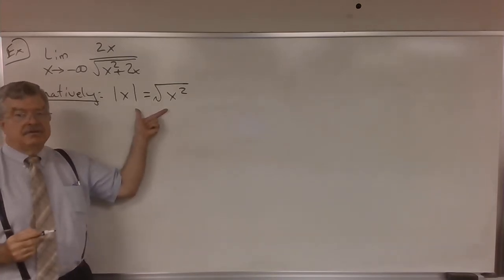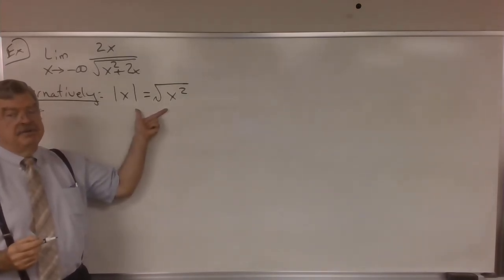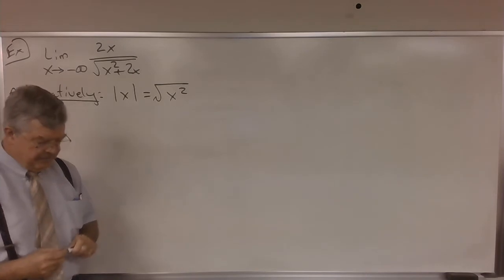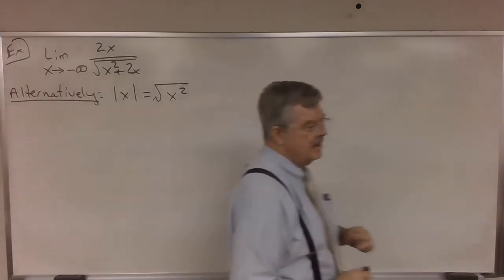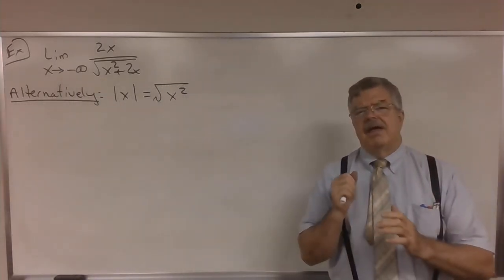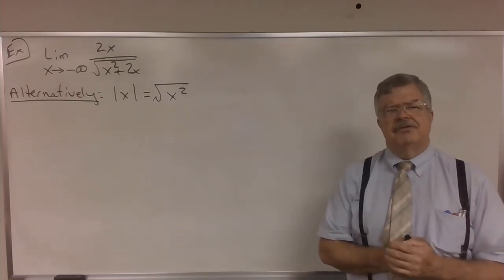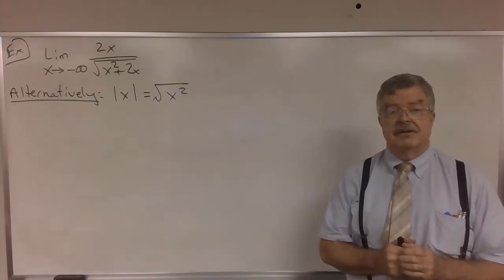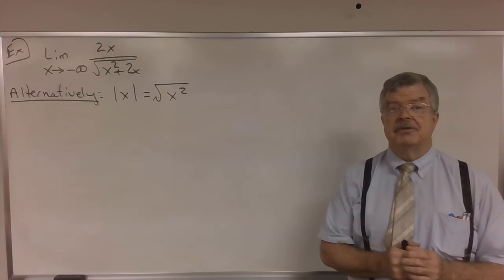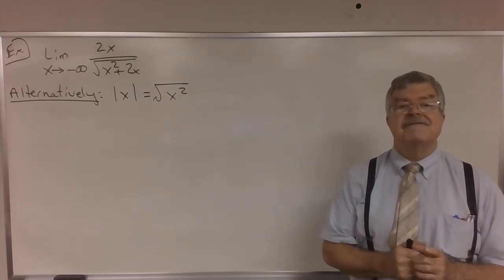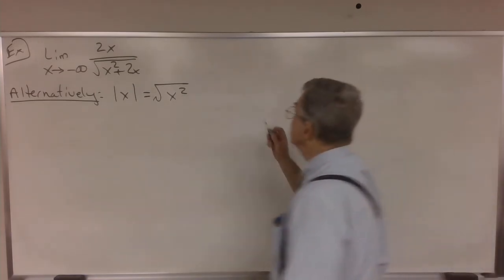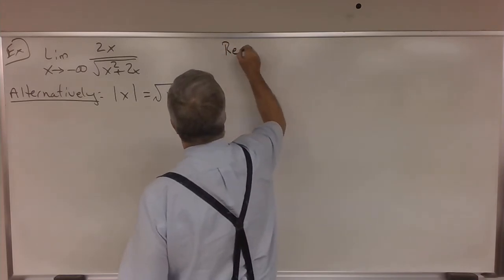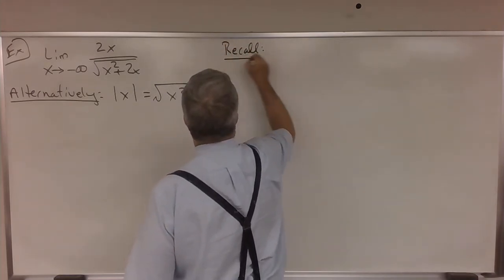This is the alternate definition of absolute value of x. And the reason this works is because of the definition of the absolute value function. So up here, I'm going to bring back something to our mind.